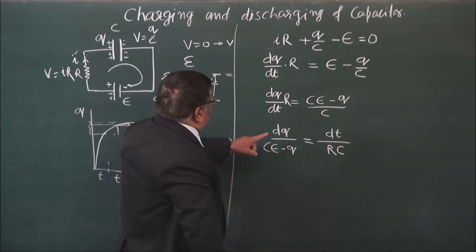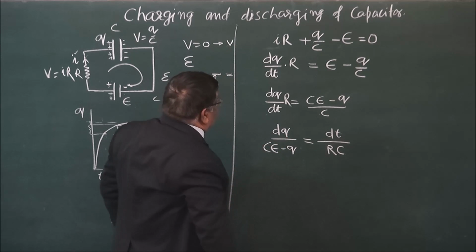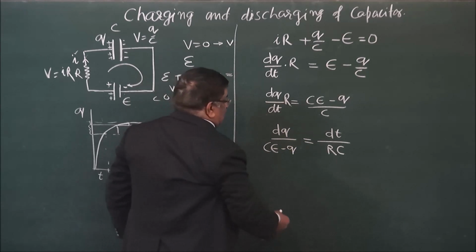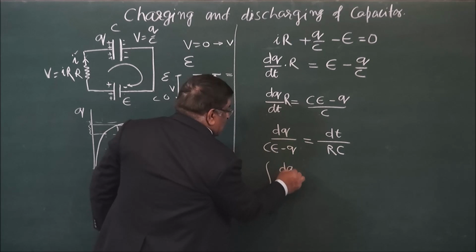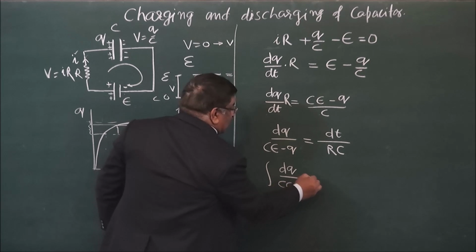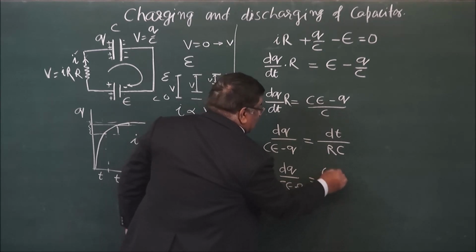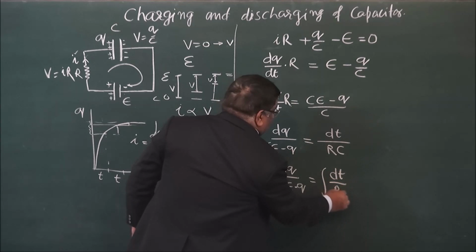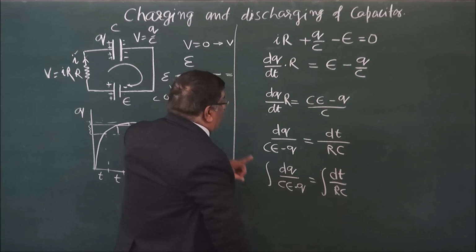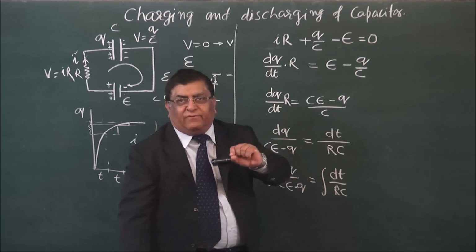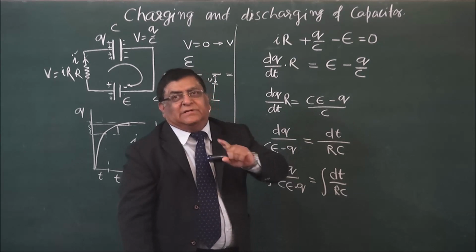Now if we want the value of q, let's integrate both the sides. So this will be integration dq upon CE minus q is equal to integration dt upon RC. We put the limits. How the limits? When we started the cell, the time was 0.